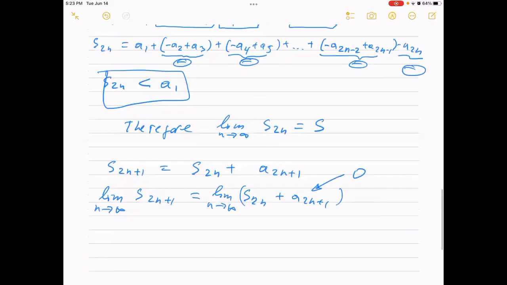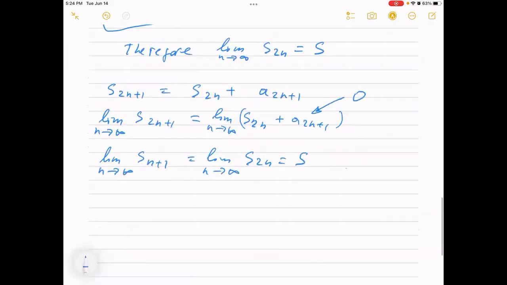So the limit of s_(2n+1), the odd partial sum, equals the limit of the even partial sum when n is approaching infinity, and we know that equals S. Therefore, we conclude that our original alternating series is convergent because all partial sums will converge to S.